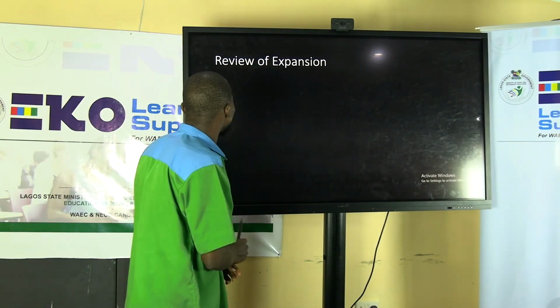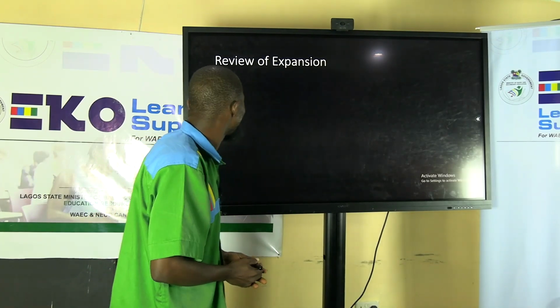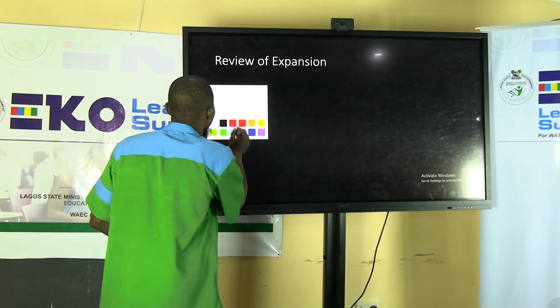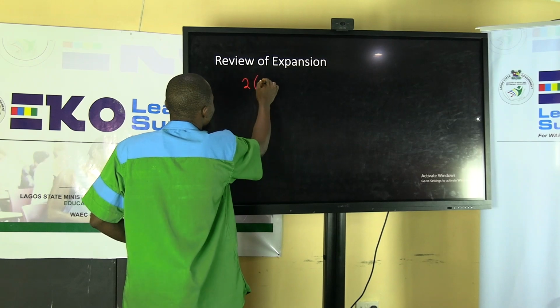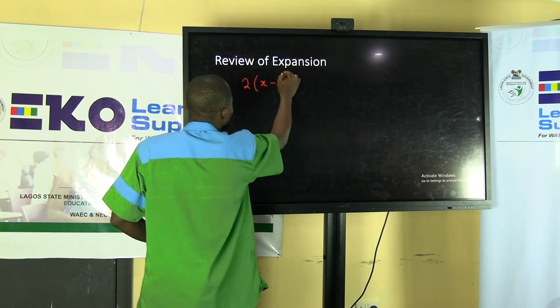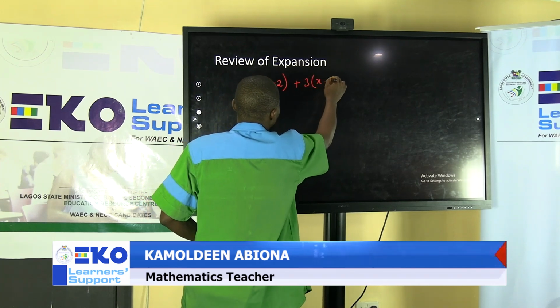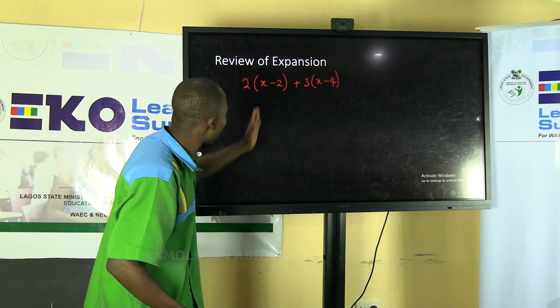Okay, so we have done expansion in our earlier video, and in those areas we consider how we can expand expressions like x minus 2 times x plus 3 x minus 4. You can check the earlier videos on how we can do this.